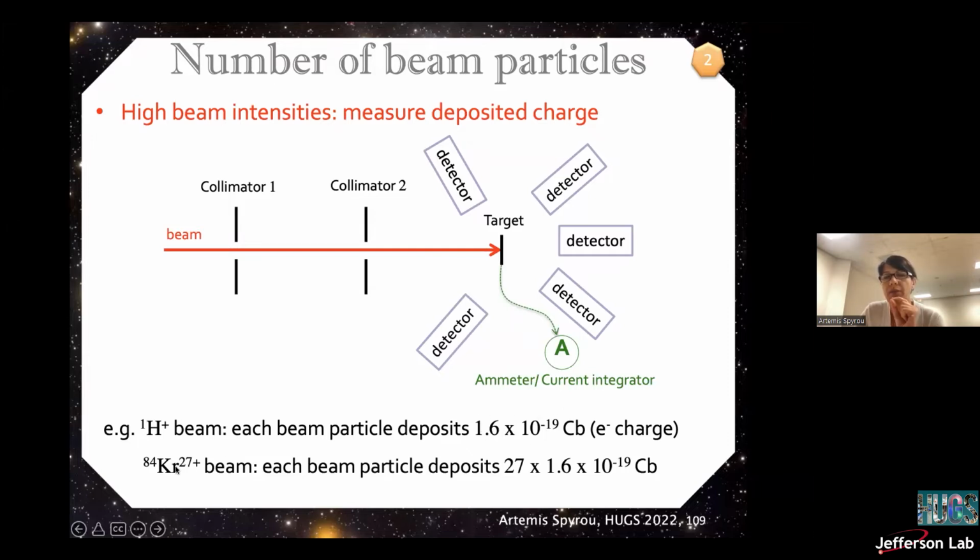But if you have a heavy beam like krypton here, which is 27+, every beam particle doesn't deposit just a single electron charge. Every beam particle deposits 27 times the charge of the electron. And so you need to know very well what the charge state of your beam is if you're going to use this technique to measure. And typically we do know it, but we need to be careful.